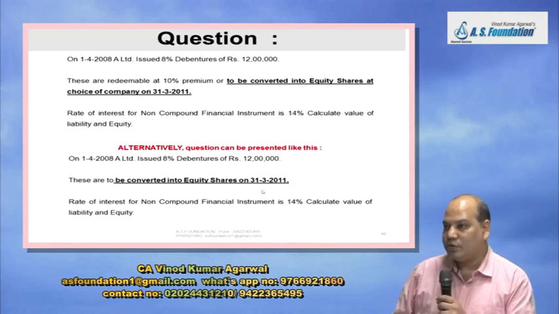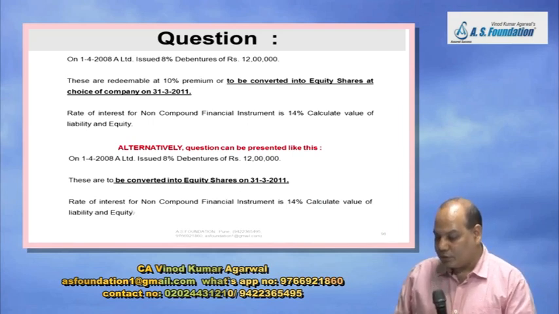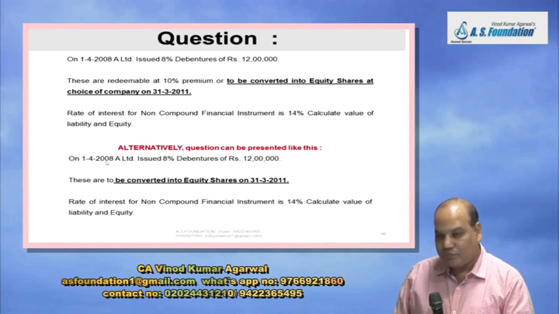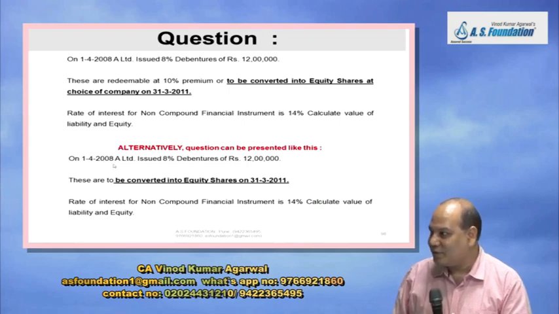Rate of interest is 14% on a similar non-compound instrument. Value of debt and equity you have to find. Now how many years are involved here? 8, 9, 10, 11. 3 years are involved.